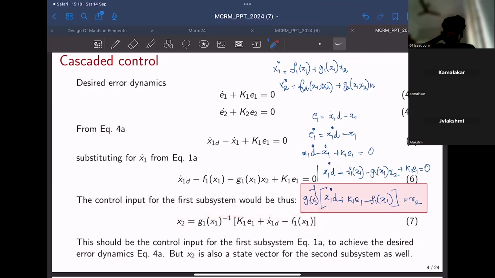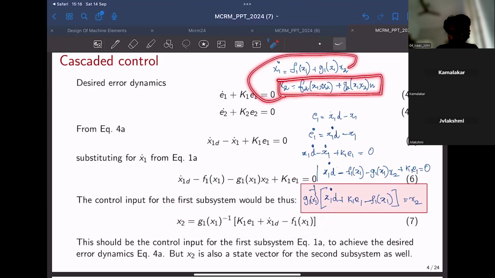That is not exactly possible because if you take a look here, x2, despite being sort of an input for the first subsystem, is also a state vector, or a state for the second system, right? So whatever dynamics plays out from the second subsystem can only be substituted back onto the first subsystem.